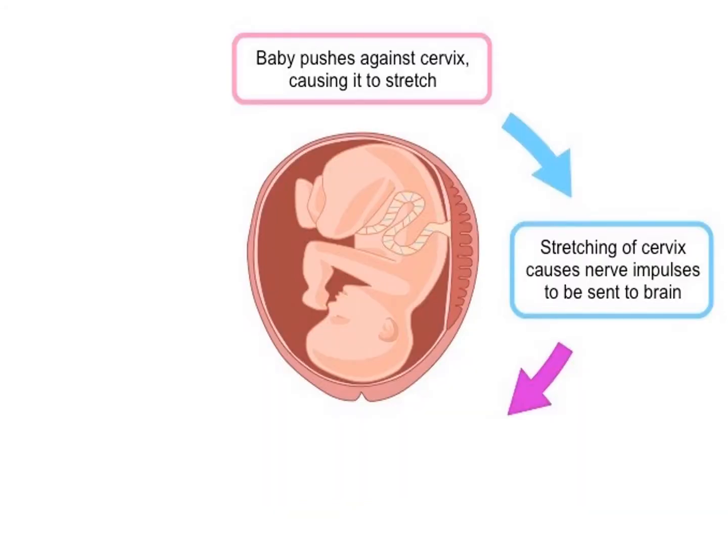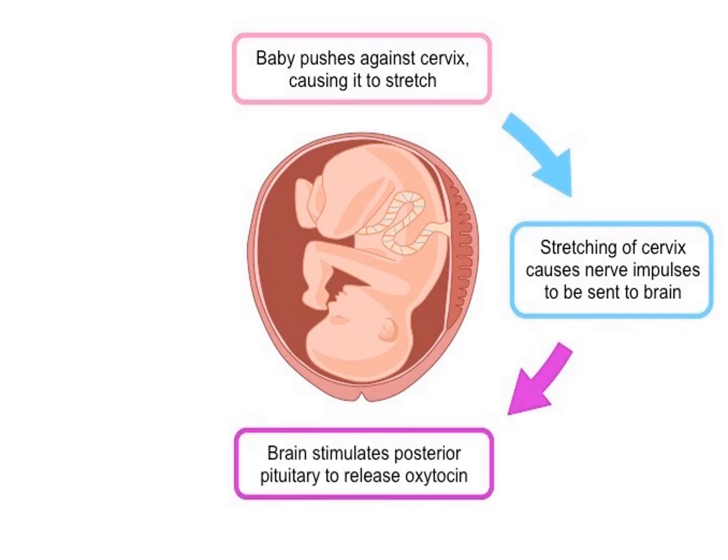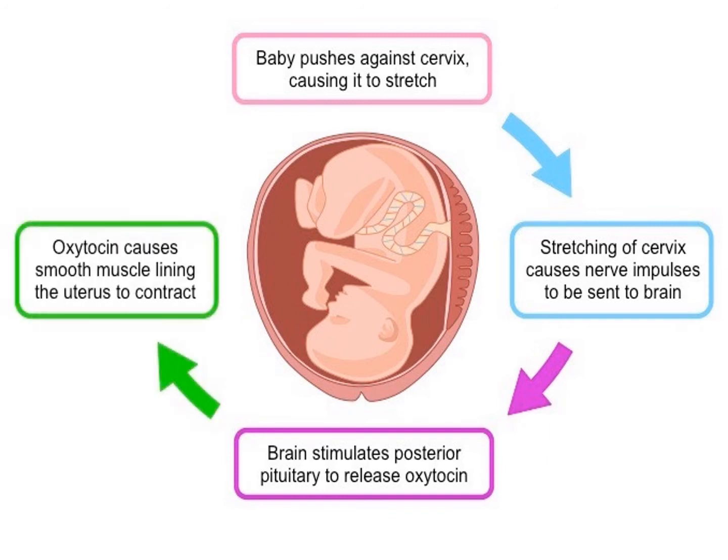Once the child is completely developed, the baby starts pushing against the cervix, causing it to stretch, and because of the stretching of the cervix, it sends nerve impulses to the brain. The brain stimulates the pituitary gland to release a hormone called oxytocin. Once the oxytocin is released, uterus contractions begin.